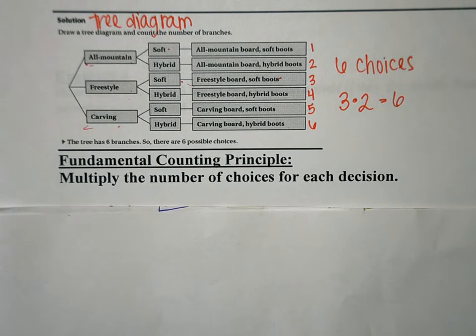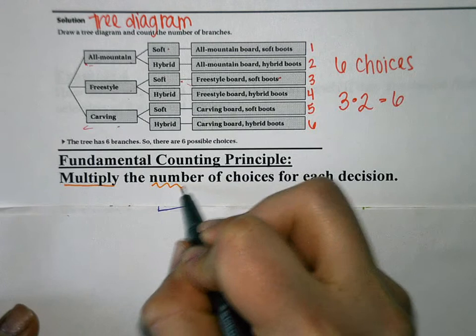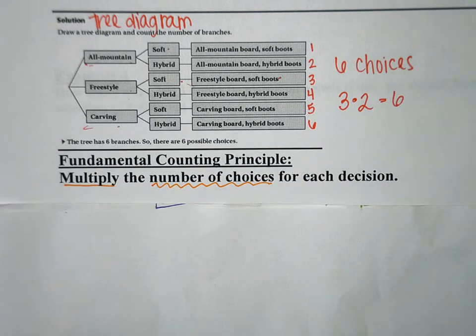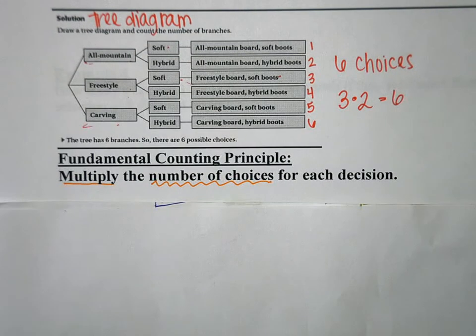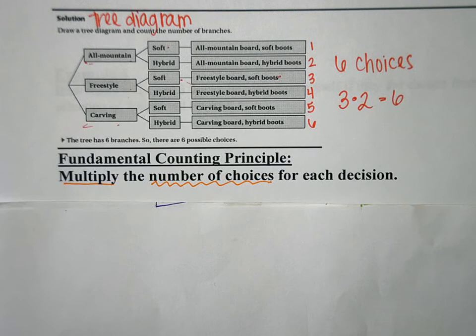So the fundamental counting principle says that you multiply the number of choices for each decision. So we first had to decide what type of snowboard we wanted, which we had 3 choices, and then we had to decide which type of boot we wanted, and we had 2 different choices. So that gave us a total of 6 choices.